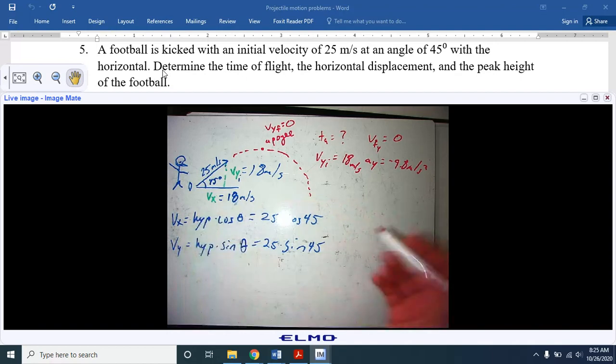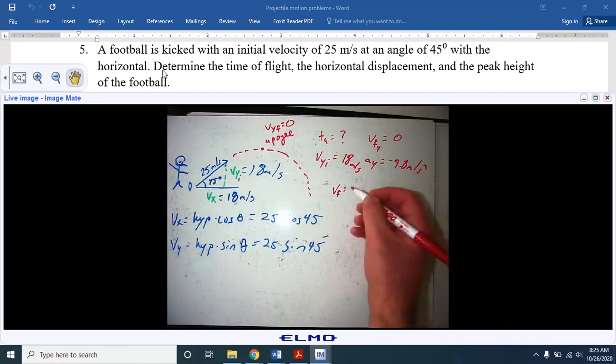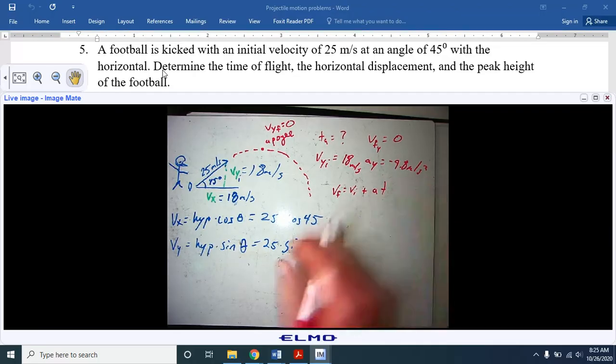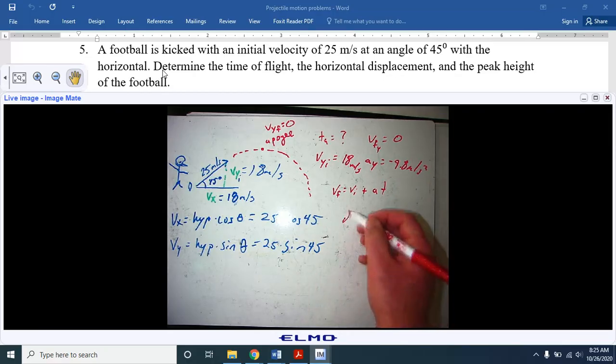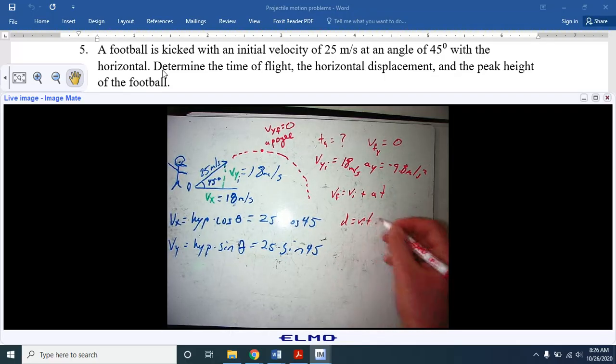All right, so the equation I'm going to use here is this one. Now, in the past, we've used this one to get time when it's falling.